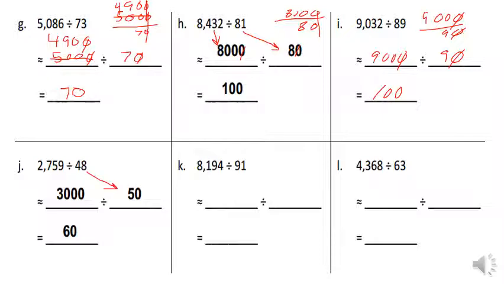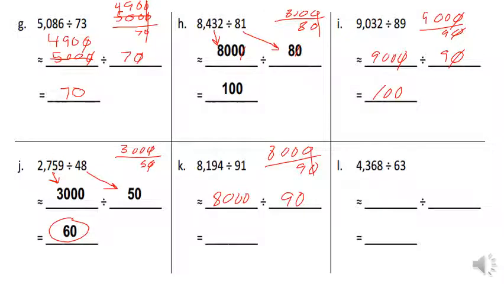On J, 48 was closer to 50. 2,759 is closer to 3,000. We can see 3,000 over 50. Take out our multiples of 10. We have 30 divided by 5 is 6, and our multiple of 10, so it would be 60. 91 is closer to 90 on K. 8,194 rounds to 8,000.